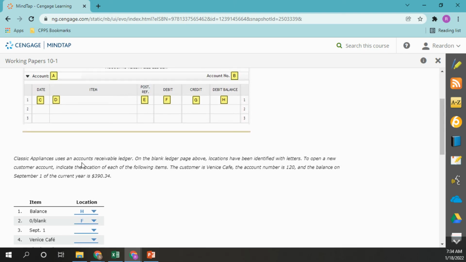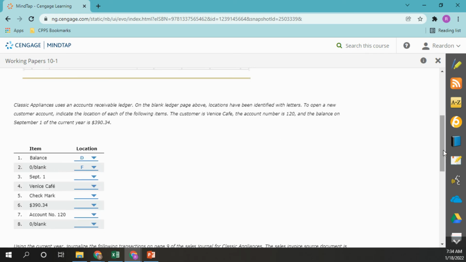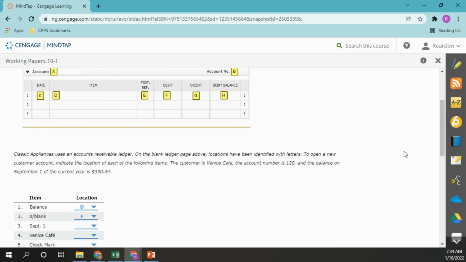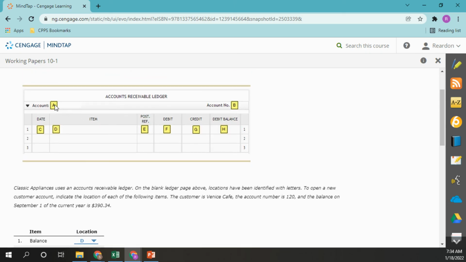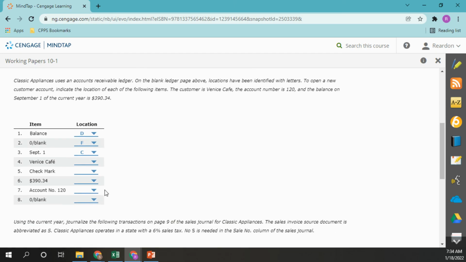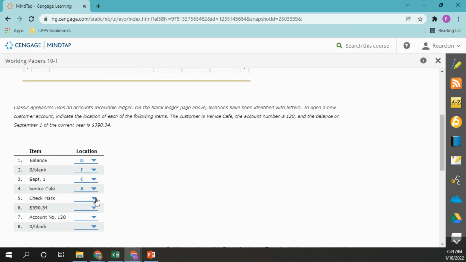Sorry about that. The balance would be D. Let's go back and do that. The word balance would be up here in item. September 1, of course, would be my date, letter C. Venice Cafe would be my account, A. A check mark would appear in the post reference column because I'm not really posting anything.